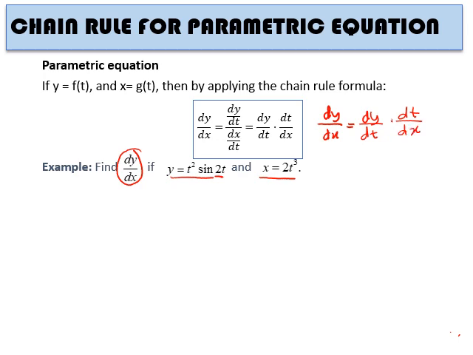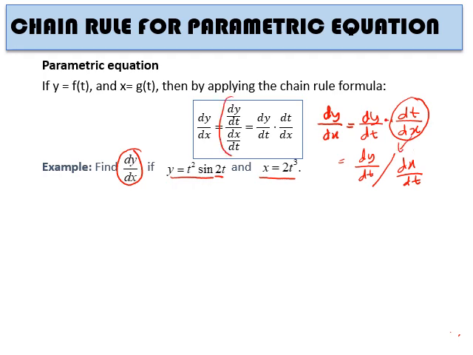Okay, but we have x in terms of t, so that's why it becomes dy over dt divided by dx over dt. So this one we change to this one.